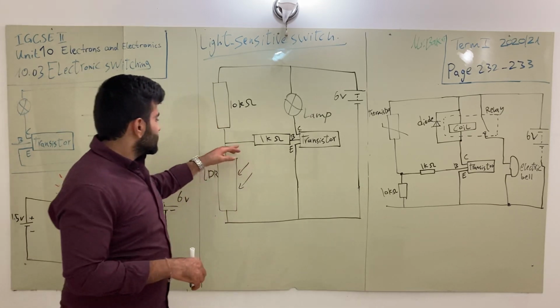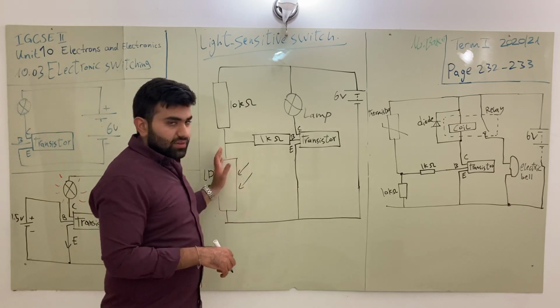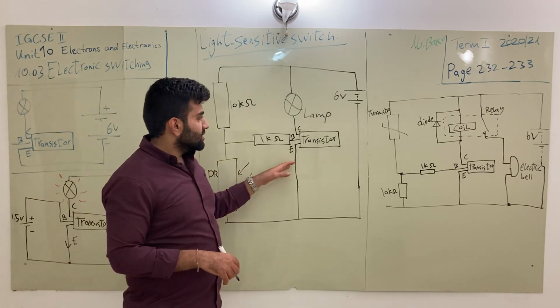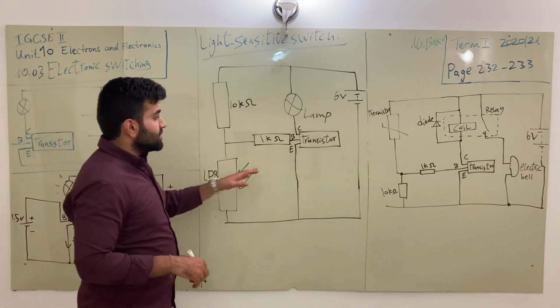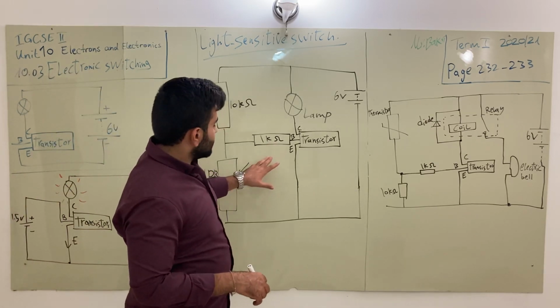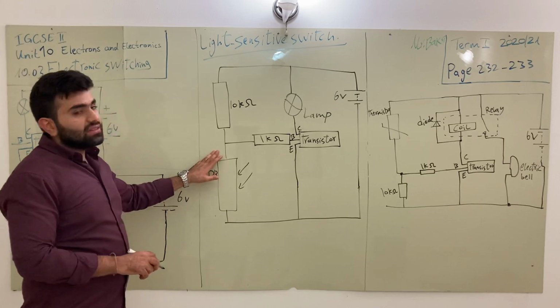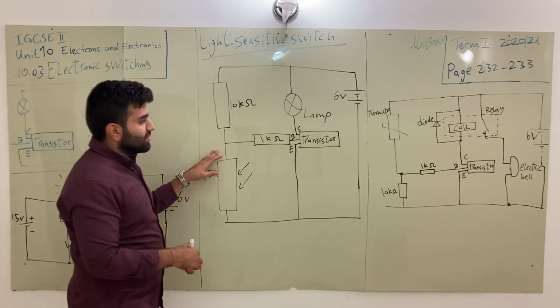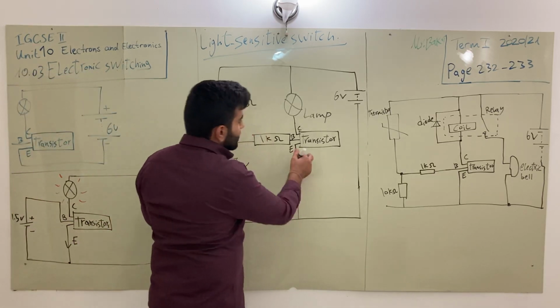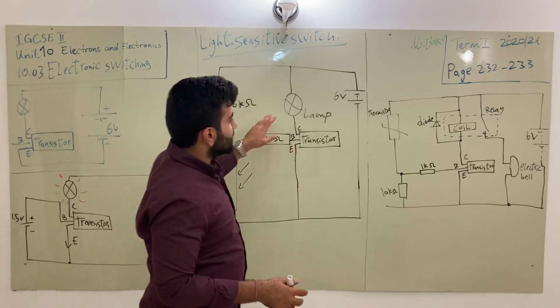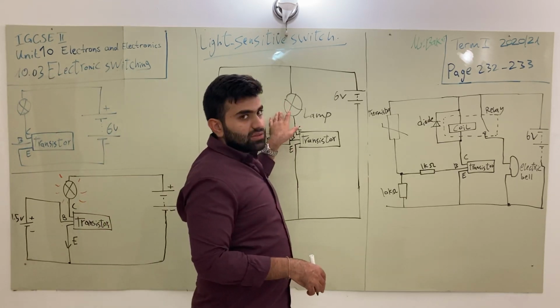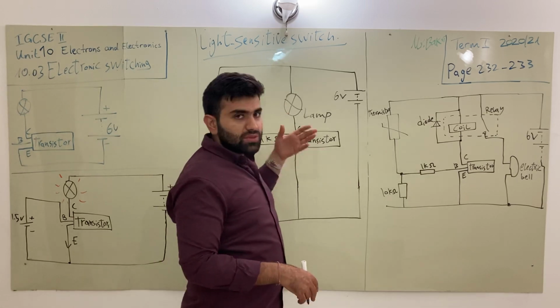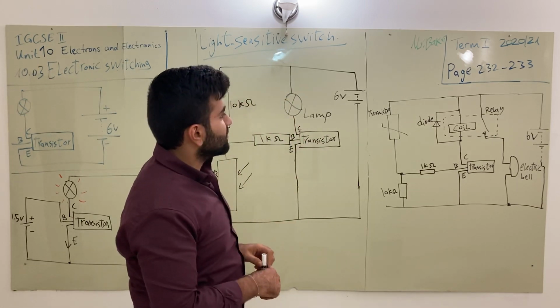They will work from the voltage, also from the cell or from the battery, the potential divider. So what's happening here is when this has very high resistance, the voltage is applied on the transistor and makes this lamp work. The other way around, the lamp will turn off, which makes the transistor switch on and off.